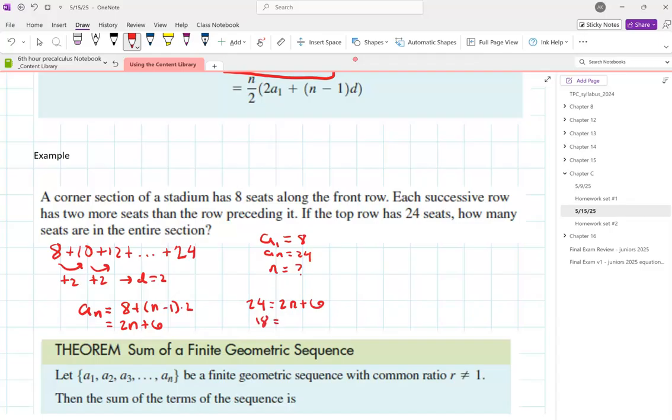And then life becomes pretty easy. So my sum for the first 9 terms is going to be the first term plus the nth term, divided by 2, times n. I think that comes out to be 144.